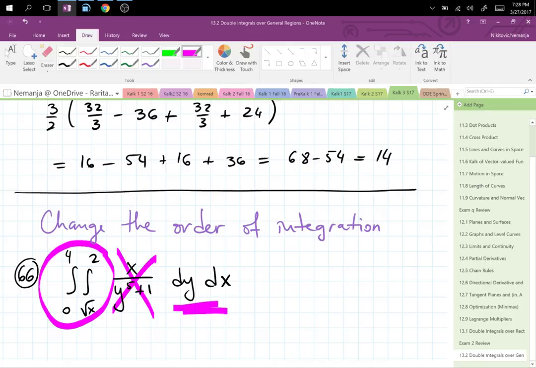This is always the same function, and this is always the same function. You can leave it there. That's pretty good.